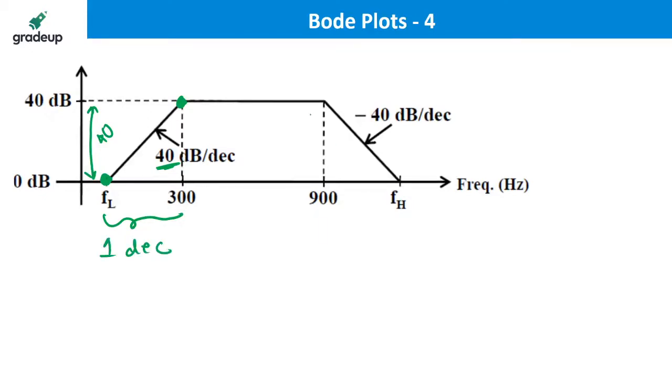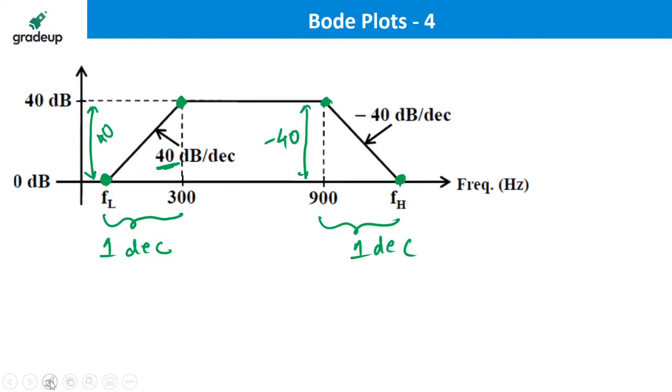Similarly, here, what is the magnitude change between the points I have highlighted, suppose C and D? From 40 to 0, so this change is minus 40. According to the slope, minus 40 decibel per decade means magnitude will change by minus 40 when the frequency changes by 1 decade.